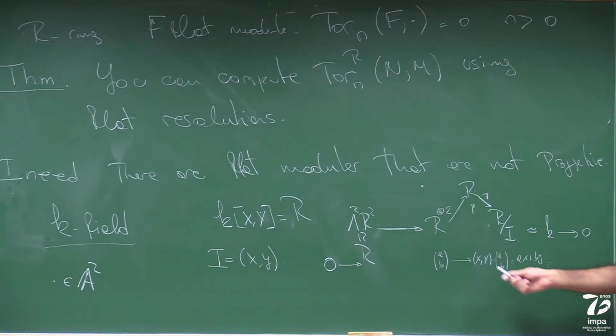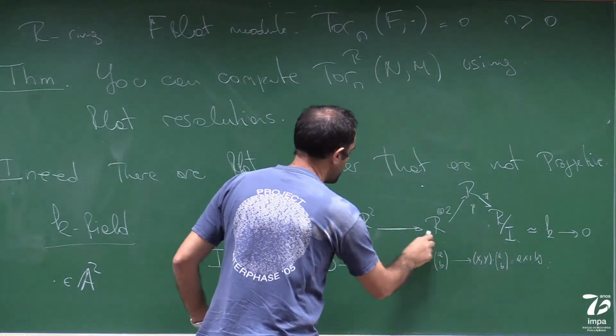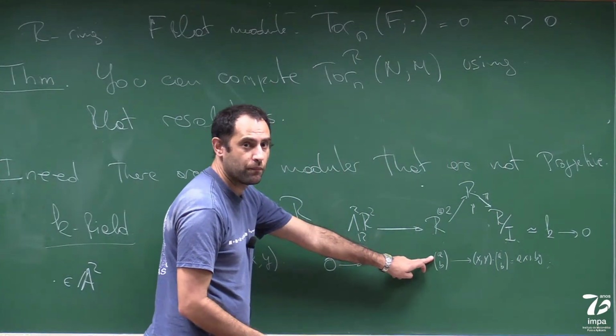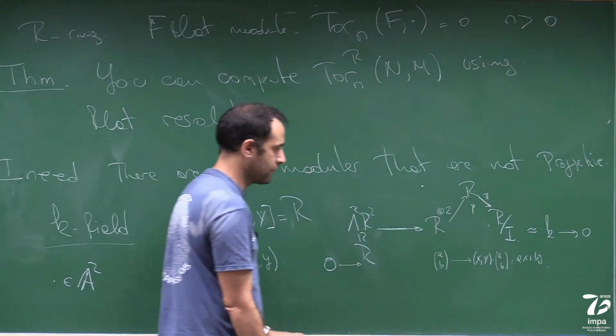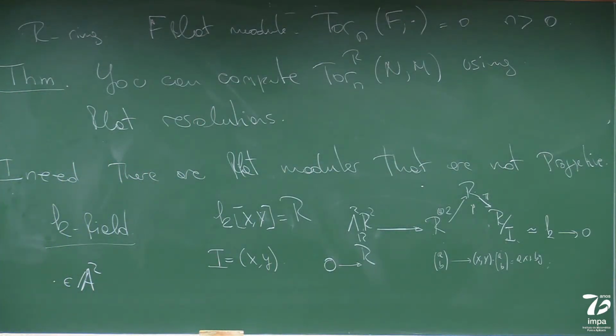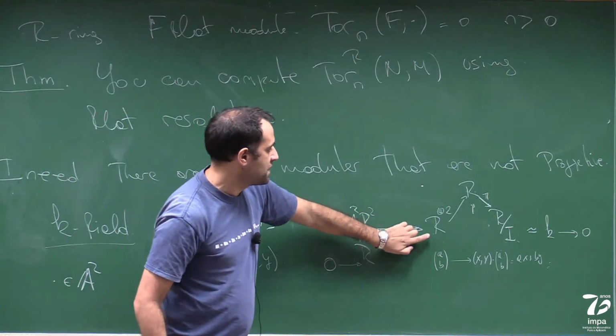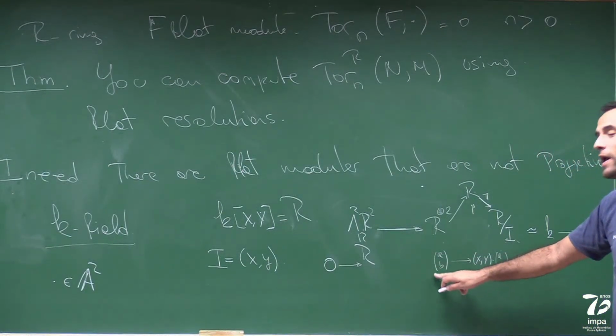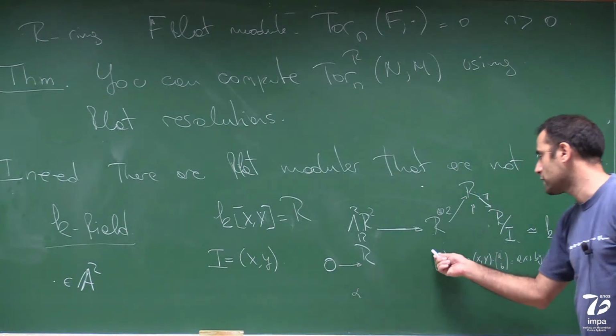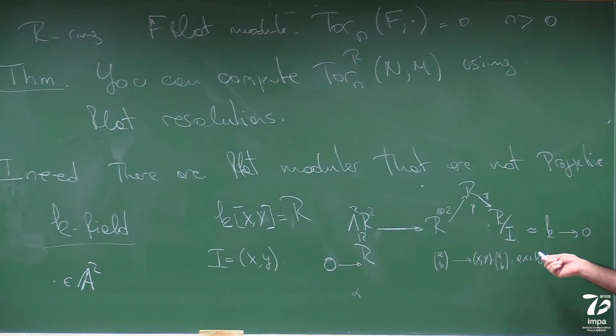Okay? And all I'm left to tell you is what is the map from here to here. So what is the kernel of this map? I want it to be exact also at this point, at R2. And I need the image of this guy to be the kernel of this map. So now I need to be careful because I want to get two elements, starting from an alpha here, such that when I apply this map, I get 0.